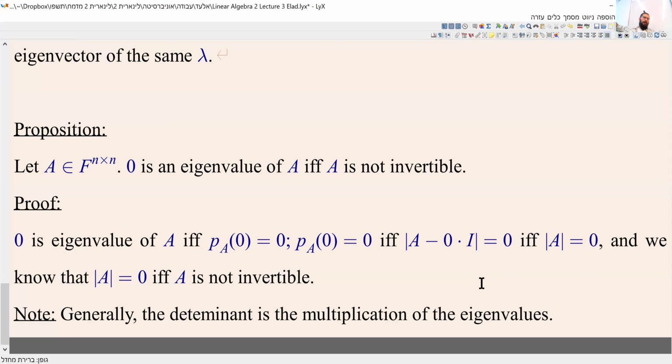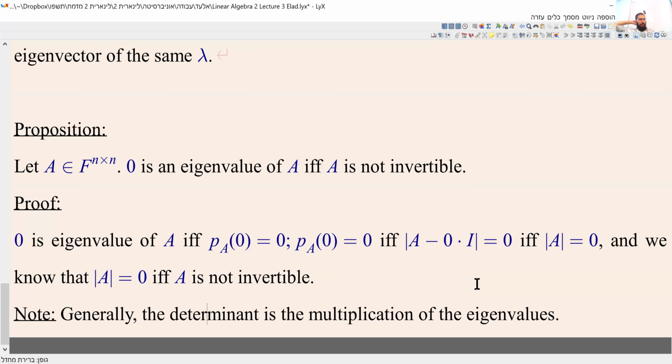When A is triangular, the determinant is the multiplication of the elements of the diagonal, and they are the eigenvalues, as we mentioned before. But generally speaking, the statement is true: the determinant is the multiplication of the eigenvalues.